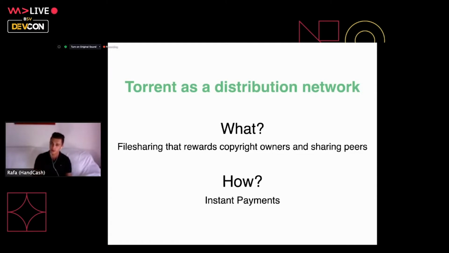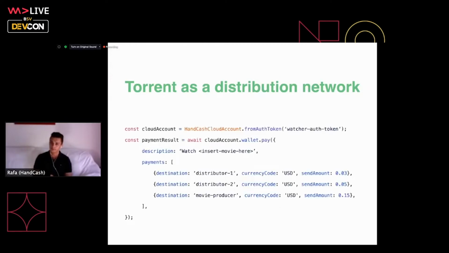In this case, we use the concept of instant payments. So we have the watcher authentication token, the person that is getting access to the movie, and we split the payment between different distributors of the movie and the copyright owner or the movie producer or something like that.